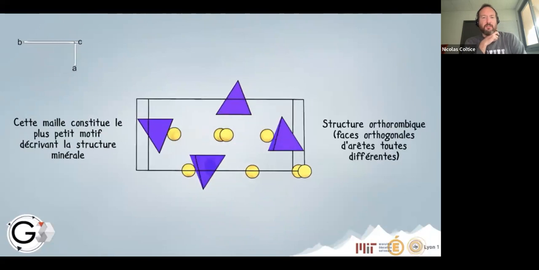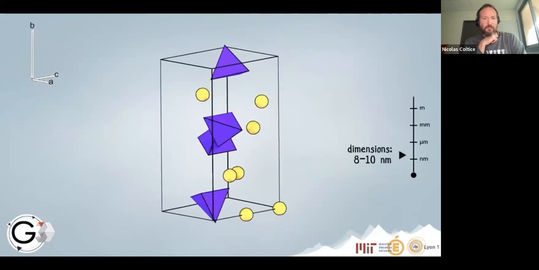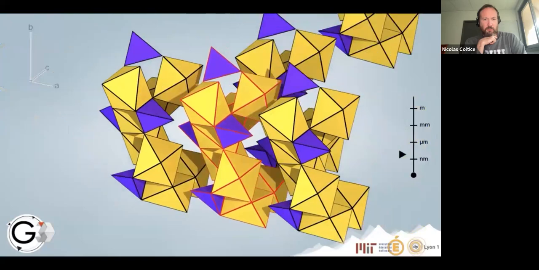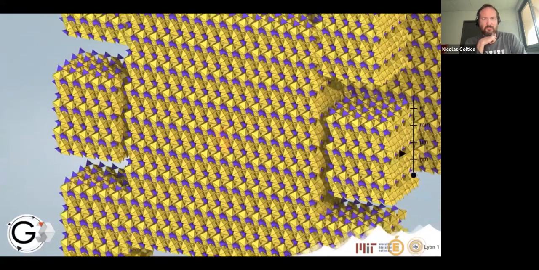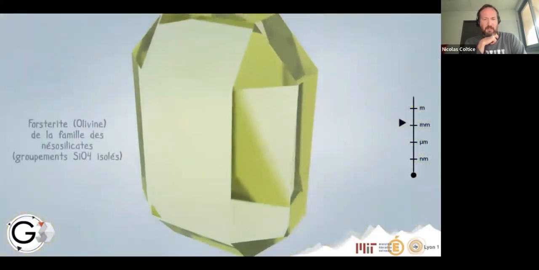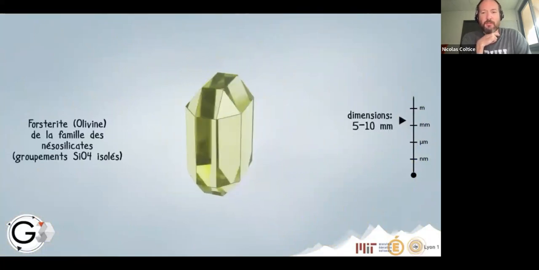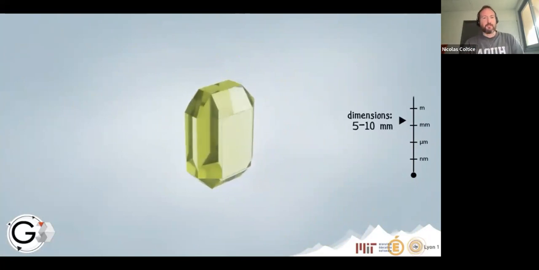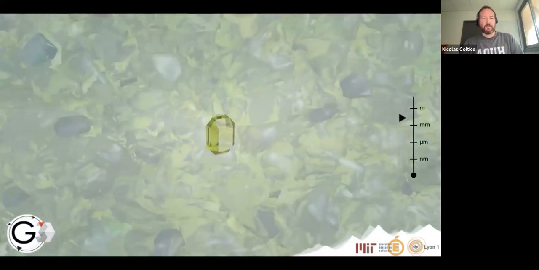I just let this little video go for the image to go from the smaller part to the mineral, and then the mineral makes a rock, and all the rocks together will make the solid silicate part of the planet, which is the mantle and the crust.